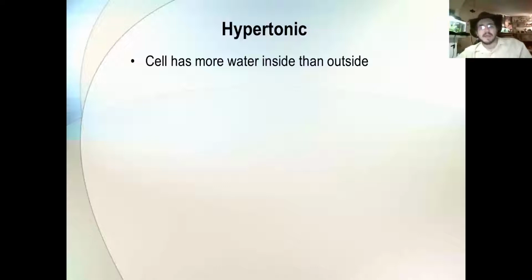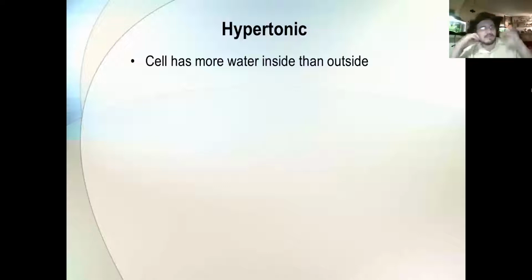So in a hypertonic solution, you might be referring to something as salt water, where in this case you might have a cell that salt can't pass the membrane. And so you put the cell in a solution that has a whole bunch of salt in it. And so there's a lot of salt in the water surrounding the cell. And thus, each of those salt molecules is taking up space that water could have taken up.